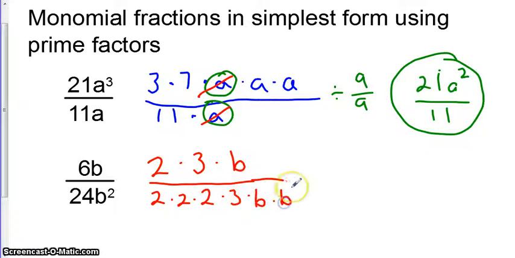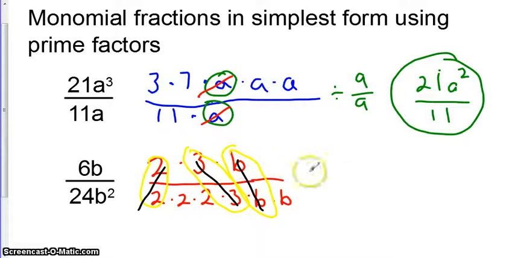b times b. Find out what is common in both of those. We have a commonality of a 2, a 3, and a b. You can simplify those out. In a sense, they become canceled. 2's and 2's are gone. 3's and 3's are gone. b's and b's are gone.